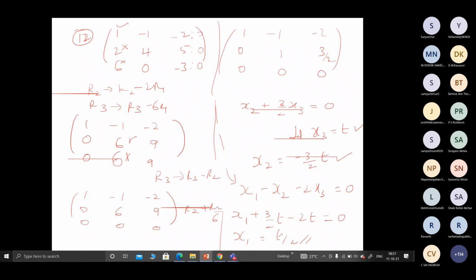Like this. For a homogeneous system, this solution is a non-trivial solution. So I'll write that solution vector here. Fine. So that's one part you have to note.